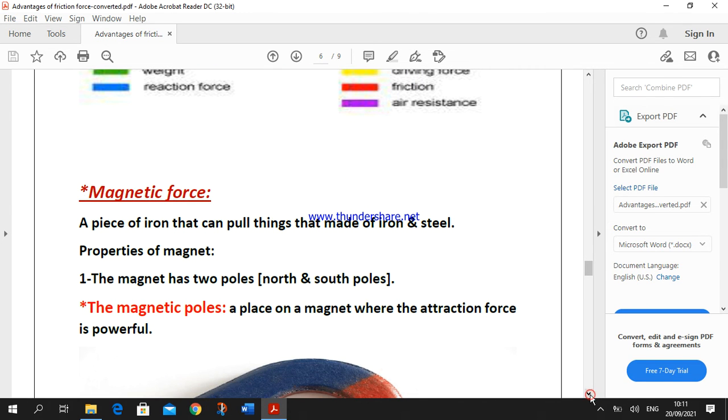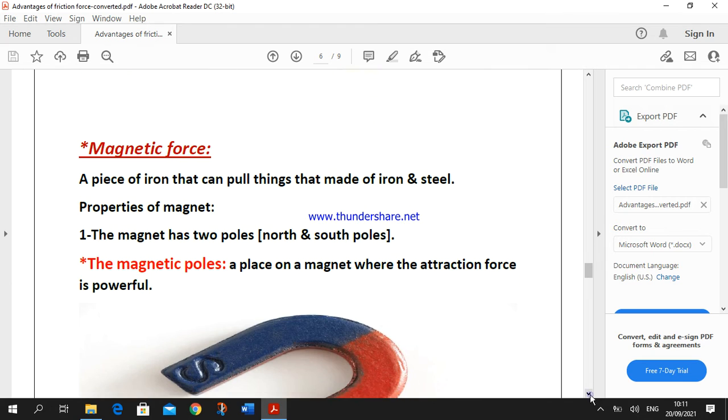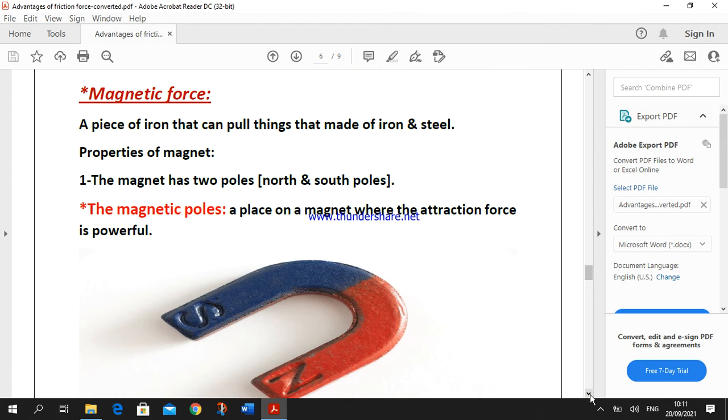The last type of force is magnetic force. What is meant by a magnet? A magnet is a piece of iron that can pull things made of iron and steel. If this piece of iron can attract objects made of iron and steel, it is known as a magnet.